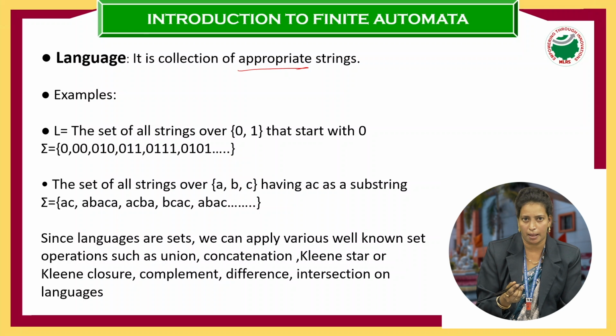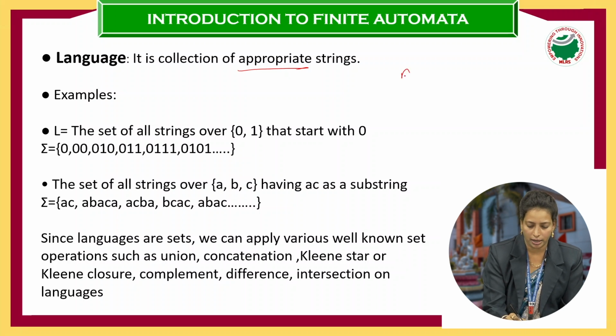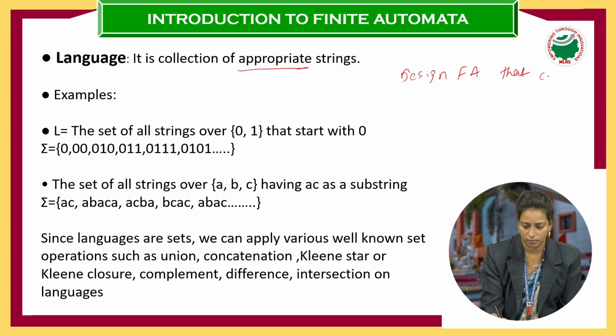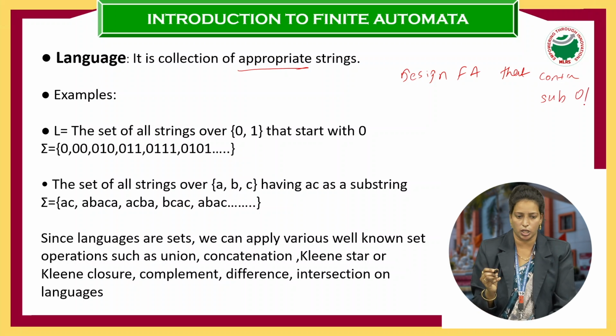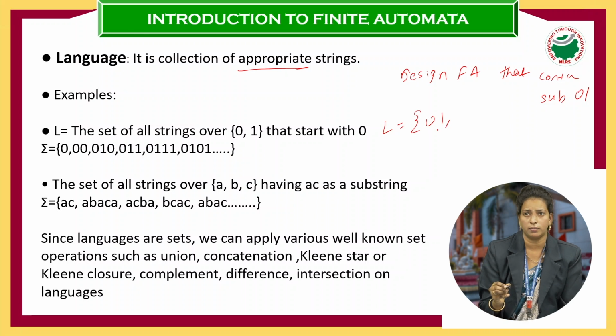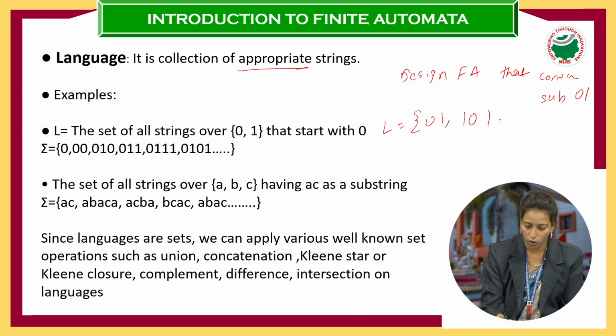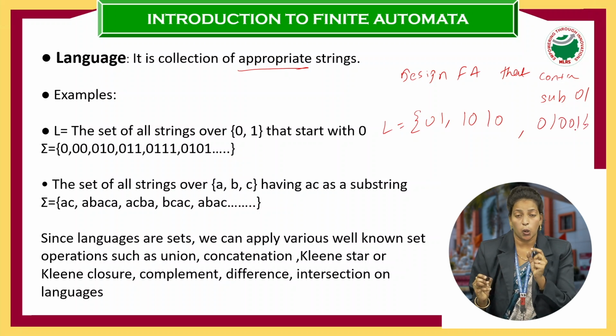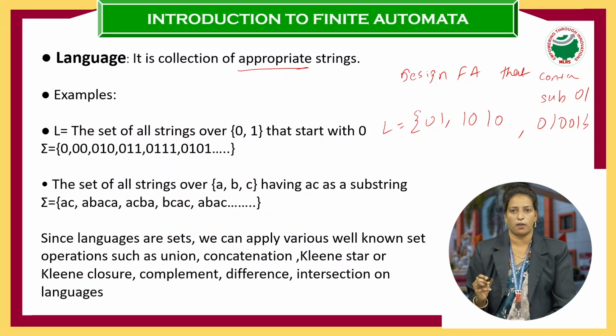Let us consider one example: design a finite automata that contains the substring 0, 1. So the strings are first 0 1, 1 0 0, 0 1 0 0 1, like that. Okay. So an appropriate collection of strings is called a language.